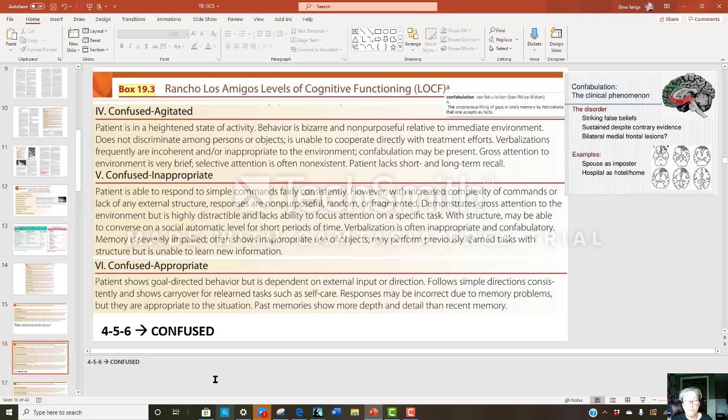Past memories show more depth in detail than recent memory. So they can probably tell you something that happened 5 years ago and probably tell you more details.